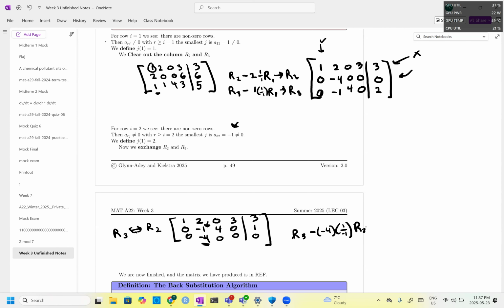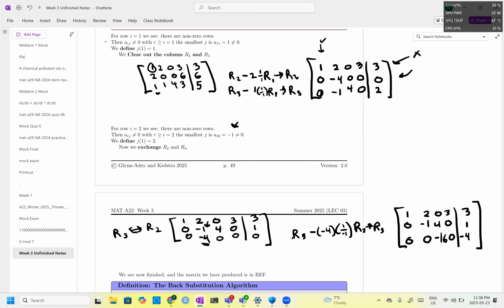R2 replaces R3, giving us the matrix 1, 2, 0, 3, 3, 0, minus 1, 4, 0, 1, and 0, 0. We're subtracting 4 of those, so minus 16, 0, minus 4.